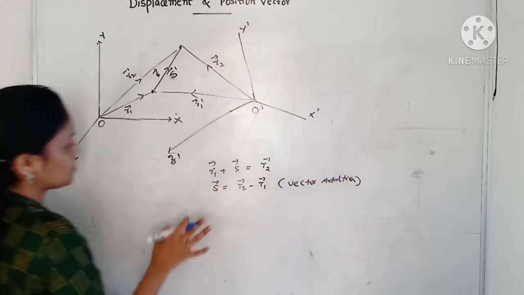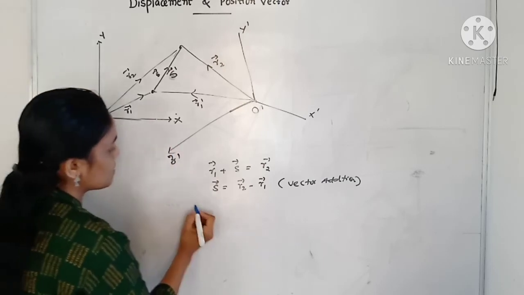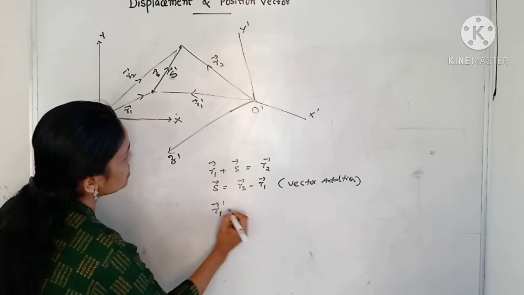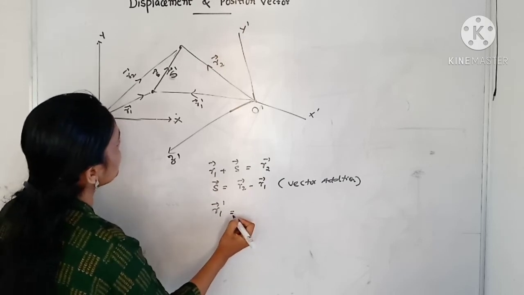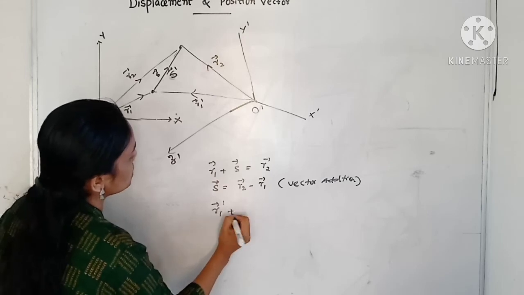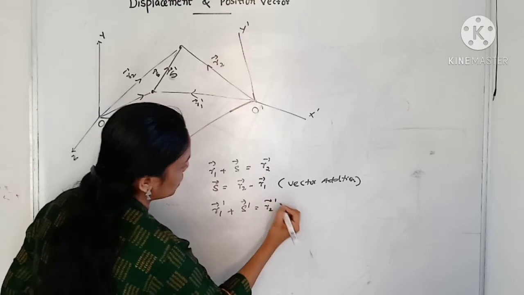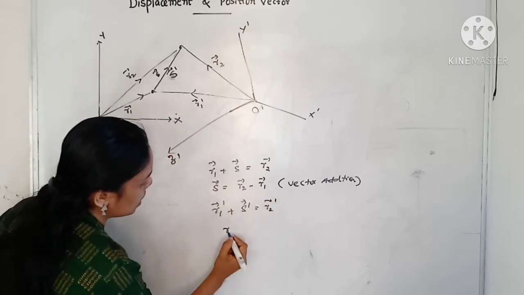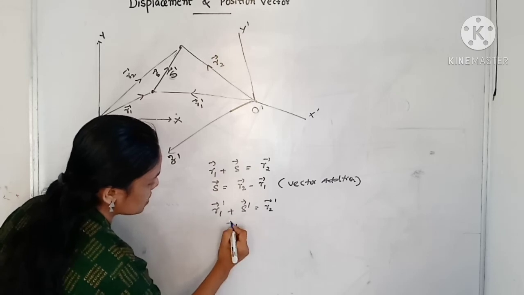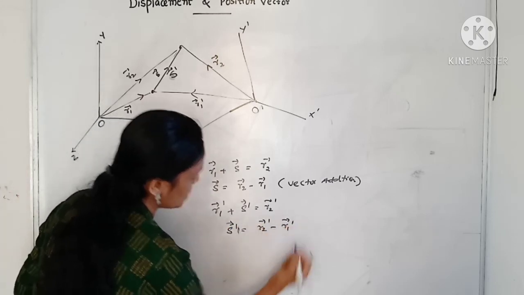This is vector addition. At the same time, what is S dash? r1 dash plus S dash is equal to r2 dash, or S dash is equal to r2 dash minus r1 dash.